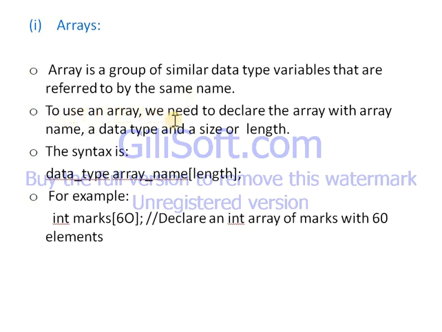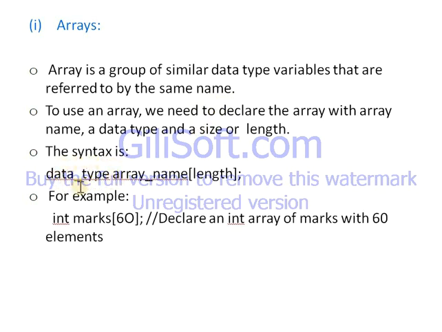To use an array, we need to declare it with an array name, a data type, and a size or length. For defining any array, you need 3 parameters. First is the array name, second is the data type of that particular array, and third you specify the size or the length of the array.